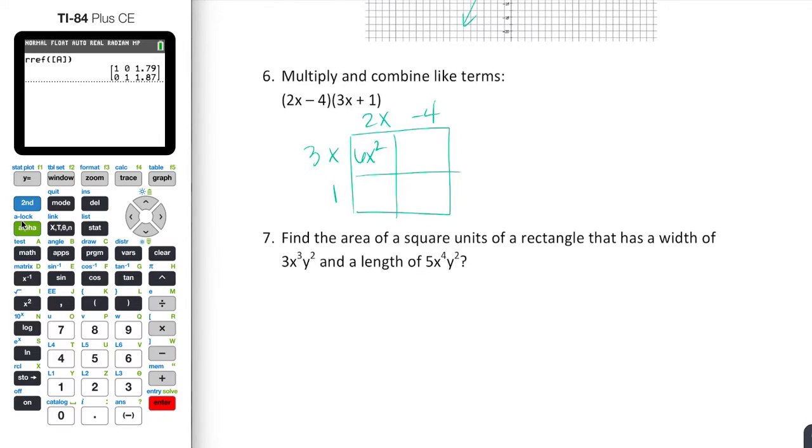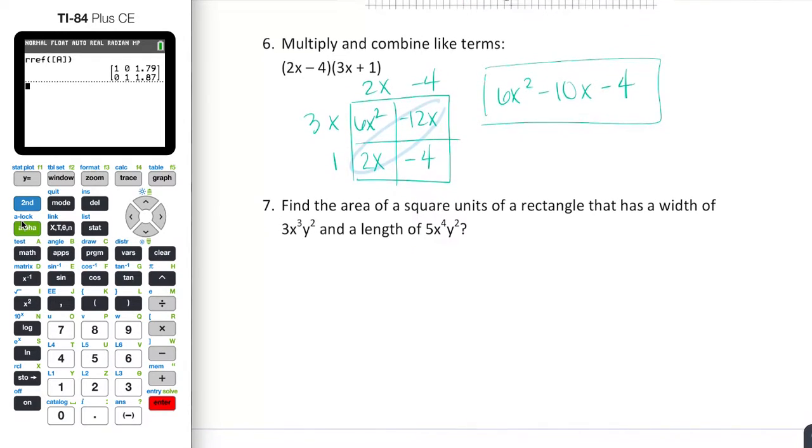Negative 4 times 3x is negative 12x. 2x times 1 is 2x, and negative 4 times 1 is negative 4. We're going to have two like terms here. So we're going to get 6x squared, negative 12x plus 2x is going to give us negative 10x minus 4. So that is your final answer, combining your like terms.